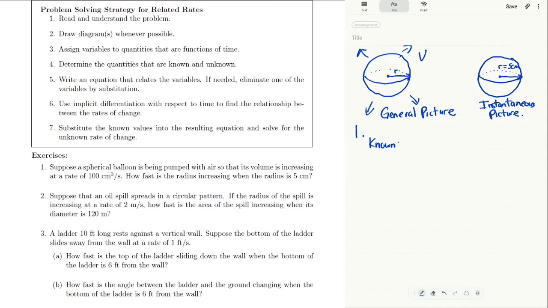If V represents the volume of the balloon, then the rate of change of the volume is dV over dt, the change in volume over the change in time. We're given that the volume is increasing at 100 centimeters cubed per second. I would like to emphasize that this is a positive rate, meaning that the volume is increasing.